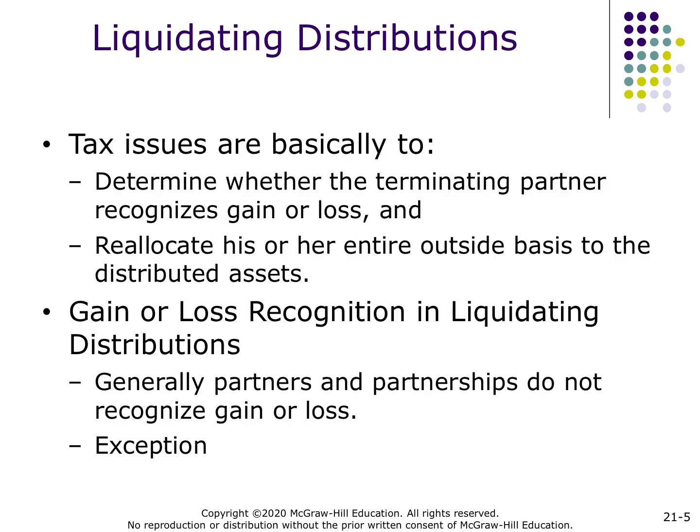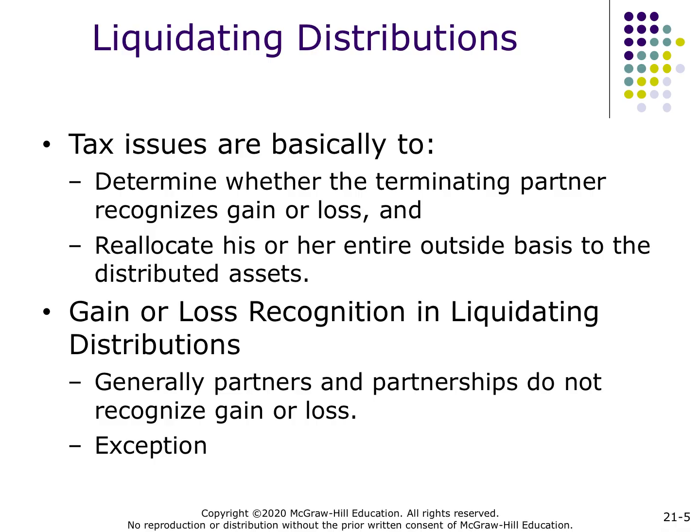All right, so now we have the issue of liquidating distributions. Okay? And so basically, what are our issues? Well, they're kind of the same as our issues always are. We have to determine whether the terminating partner recognizes a gain or loss, and we have to figure out how we're reallocating the outside basis to those distributed assets.